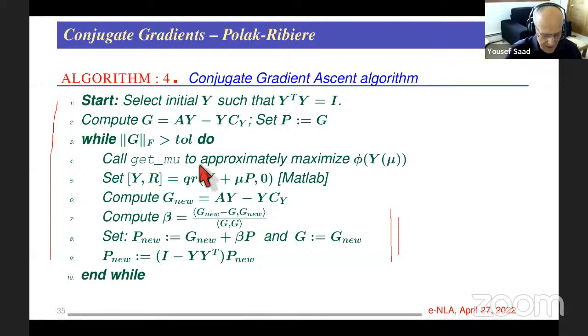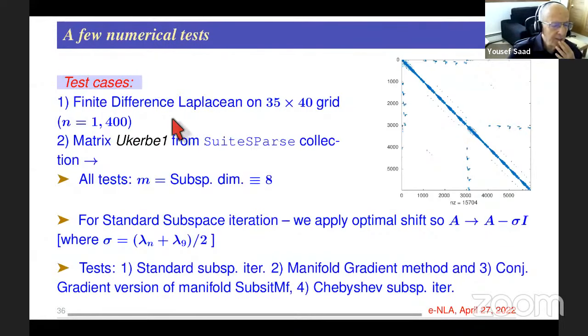This work is still really ongoing. I want to just mention very quickly a couple of experiments. This is a simple example with the finite difference Laplacian. It's a small matrix, and then I took another matrix from this sparse collection, which is a small matrix of size, I think, 5,400 or something like that.